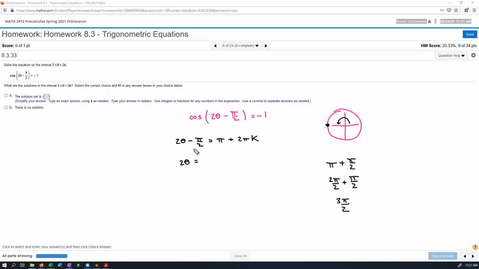So when I add pi over 2 here and add pi over 2 here, I get 3 pi over 2 plus 2 pi k. And then I divide by 2. So theta is 3 pi over 4, and then the 2's cancel on the next one, so I just get pi k. I get a common denominator here.